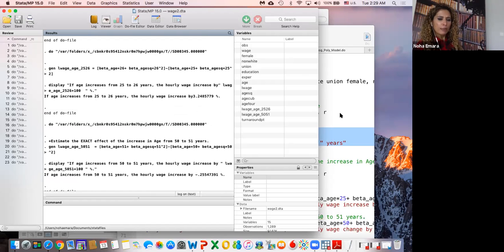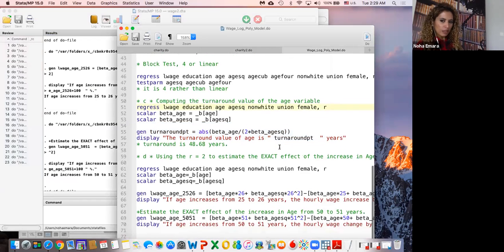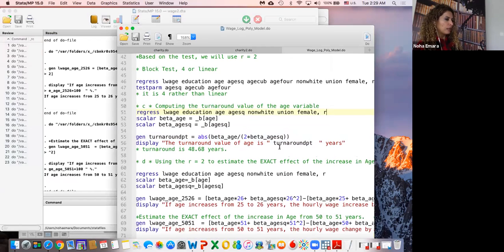And that's very, very important, because a turnaround point will give me the point at which my relationship changes from one sign to the other, from positive to negative, or negative to positive. Like, for example, in a cost minimization problem, I would have the linear term being negative, but the nonlinear term being positive. And at this point, again, I would need to compute the turnaround point.